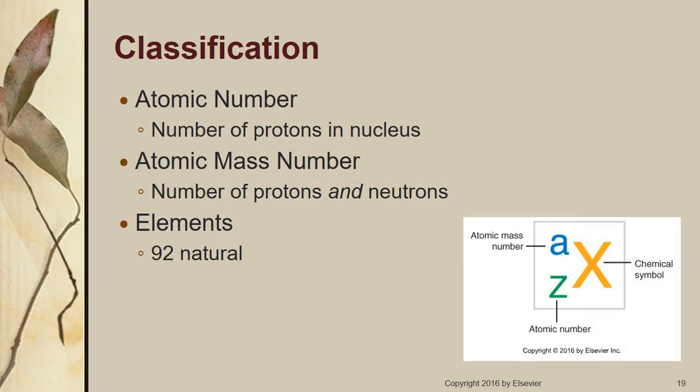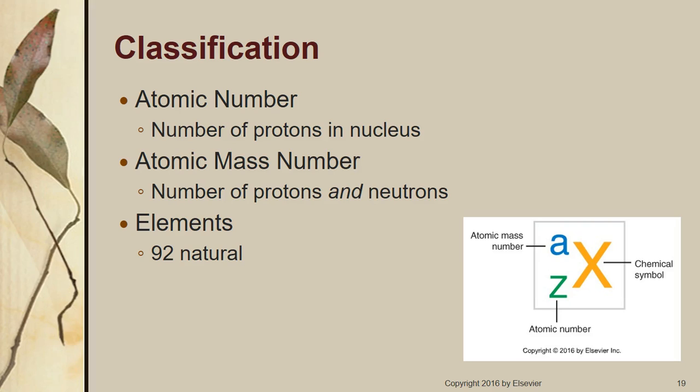So when it comes down to the chart itself, let's talk about classification. Before we start talking about classification and bonding, you need to understand a few definitions, and one of those is the atomic number. The atomic number of an atom refers to the number of protons that it has in its nucleus. So if it's a stable atom, then the number of electrons is equal to the number of protons, so that atomic number also indicates the number of electrons.